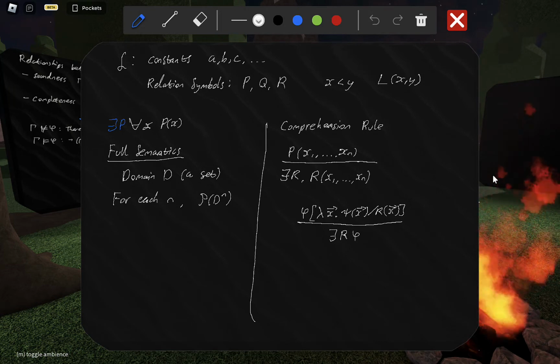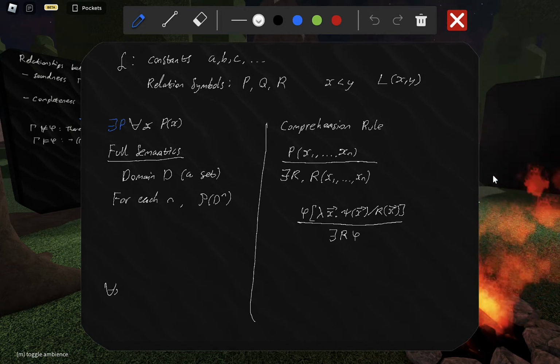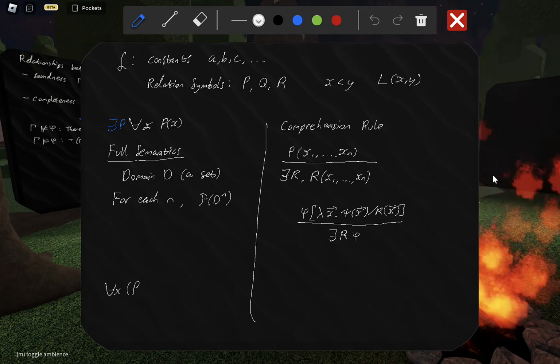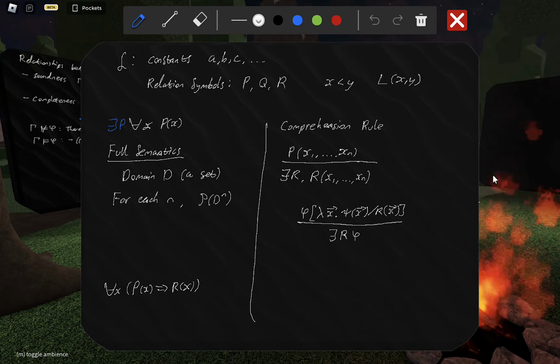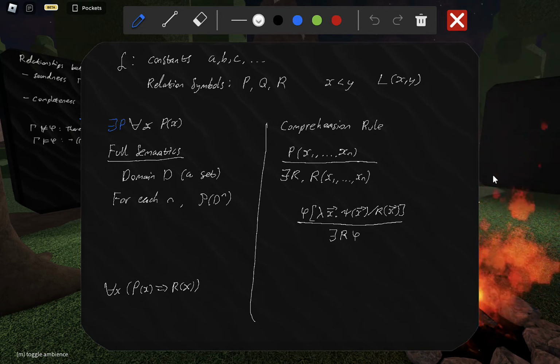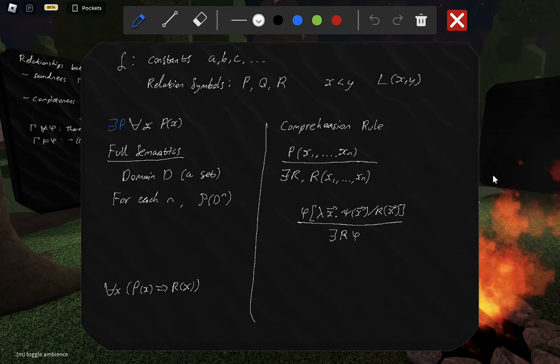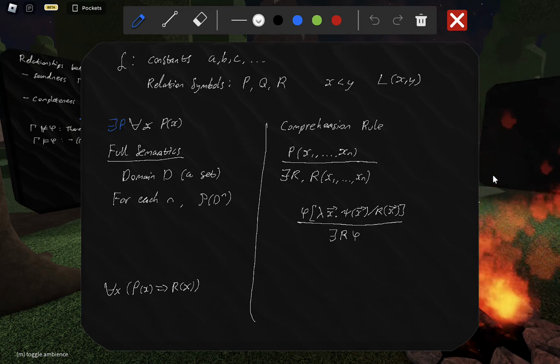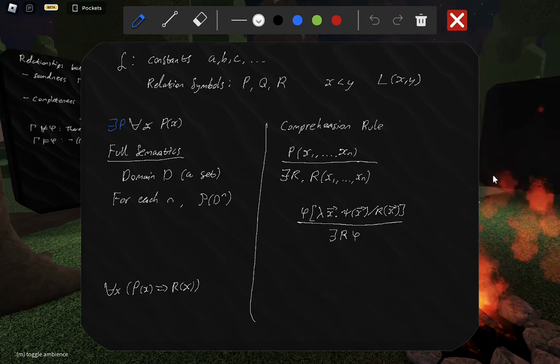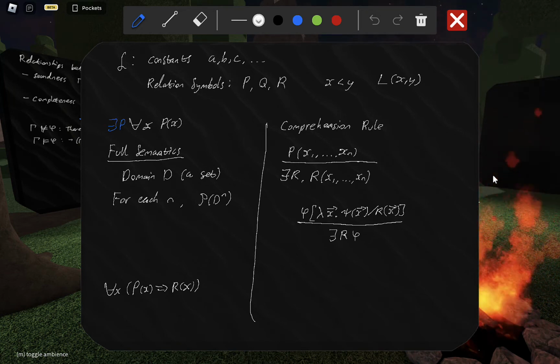Like I'm talking about something like for all x, p of x implies r of x. So you can quantify over objects. Here, instead of just having some fixed collection of relations that you can talk about, you can quantify over relationships in the abstract, and in that you could talk about any relation on objects.